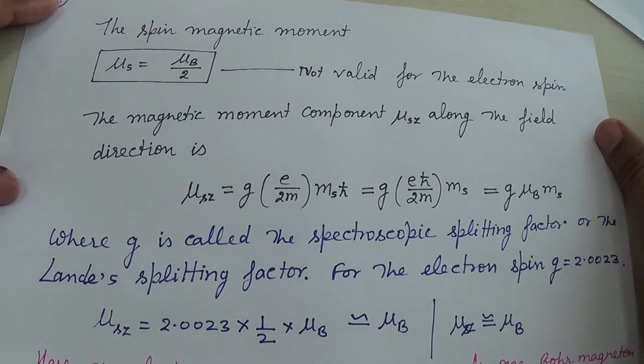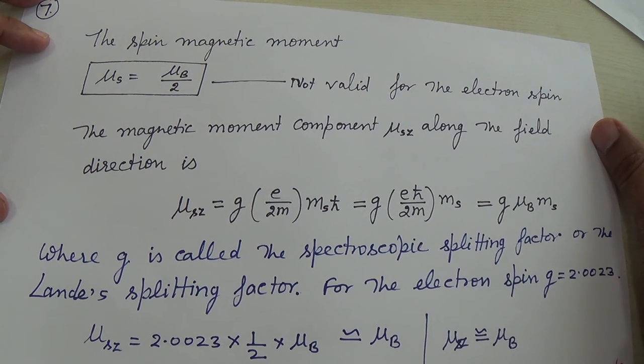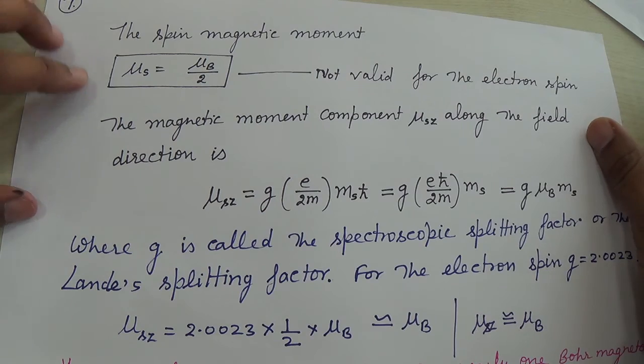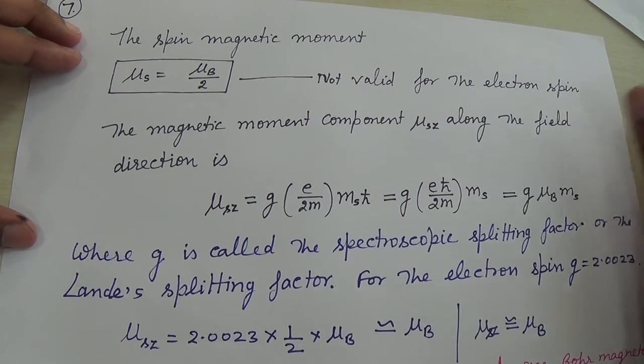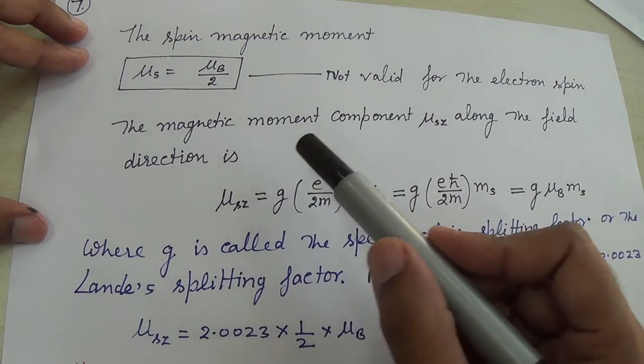So what will be the exact formula for the spin magnetic moment? We have seen mu s is equal to mu b by 2, but this formula is not valid for electron spin.